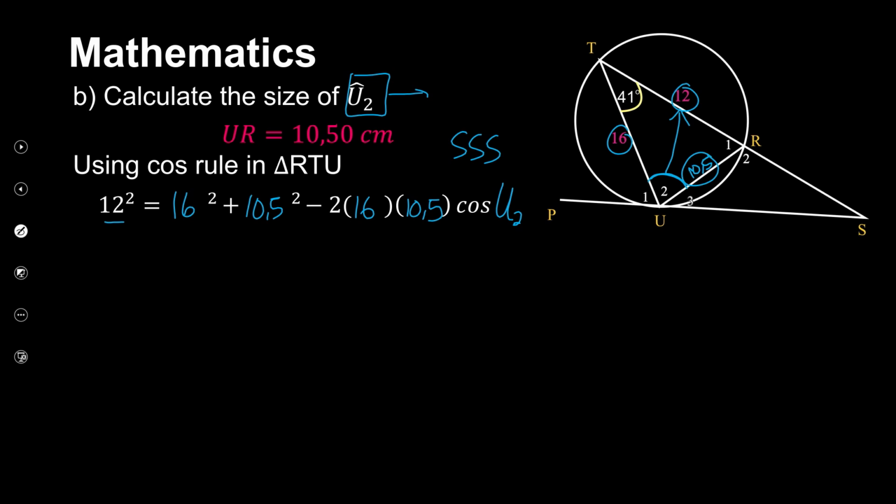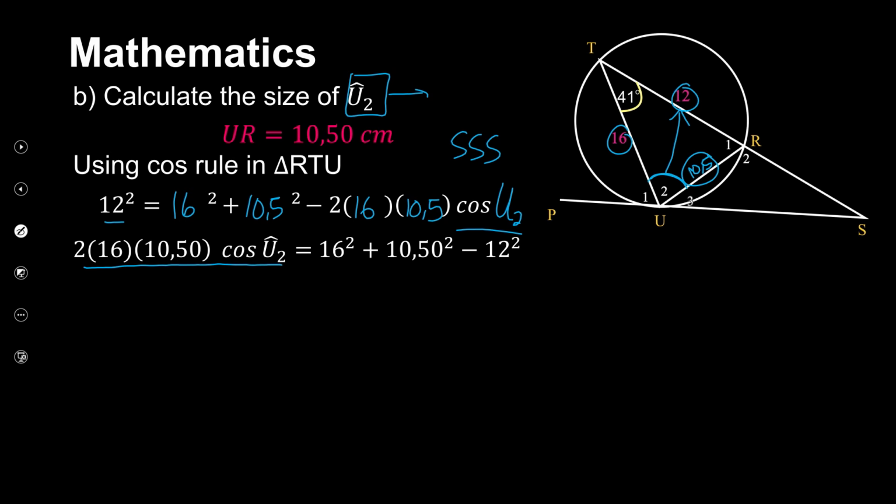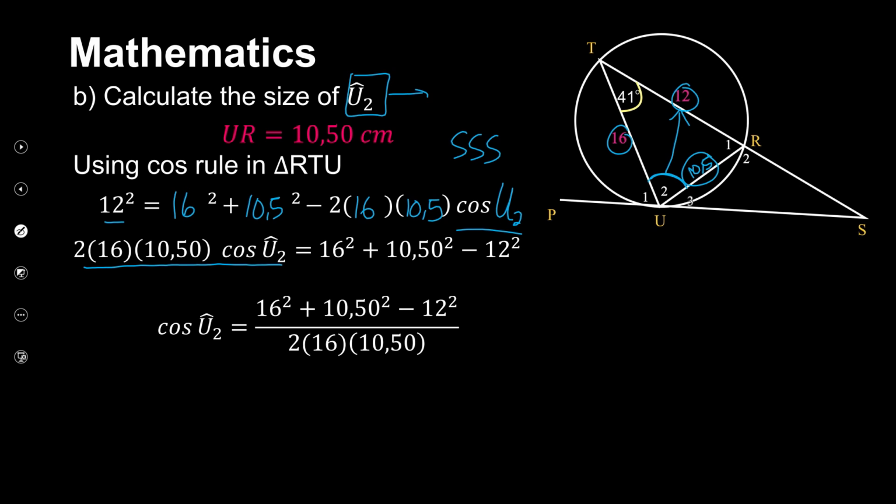Okay, now remember again we're solving for U2, so we're going to have to do some algebra to make the cos of U2 the subject of the equation. So we're just going to do a bit of algebraic manipulation here, bring that onto this side, take everything else onto that side, and now we're going to divide by whatever is not U2, because we're isolating the cos U2 part. We're going to put this expression into our calculator with shift cos.